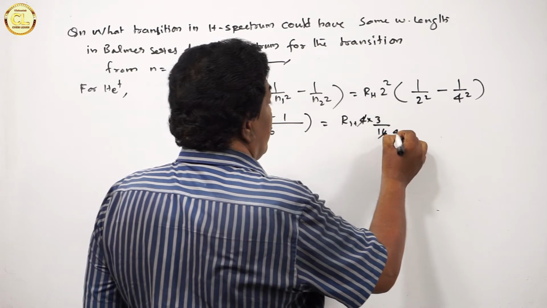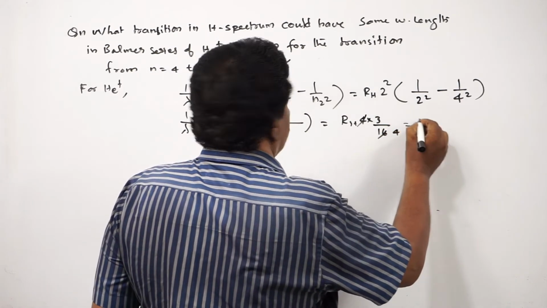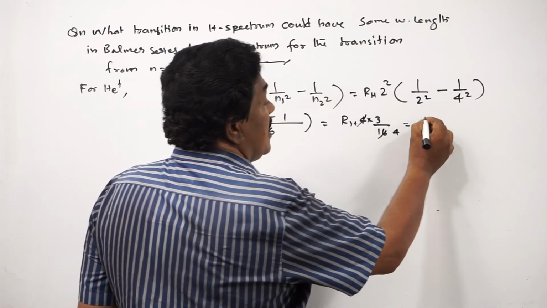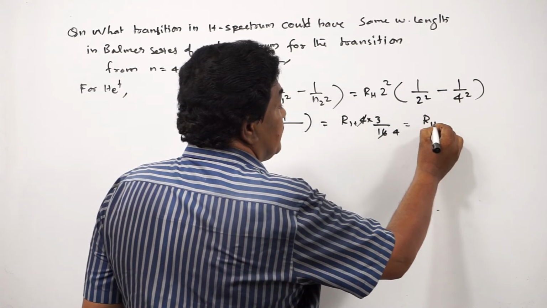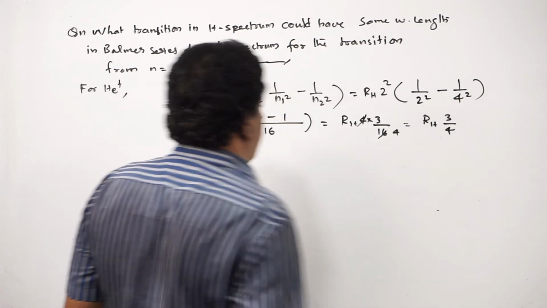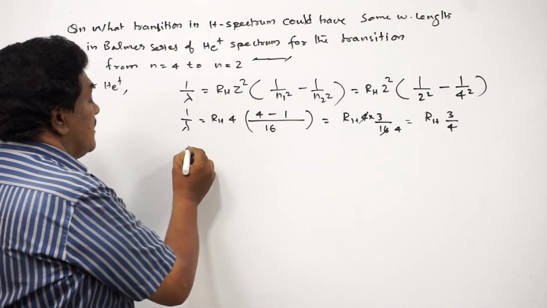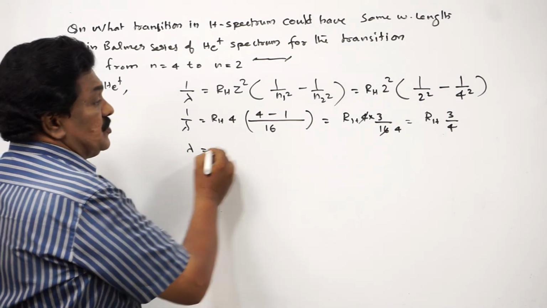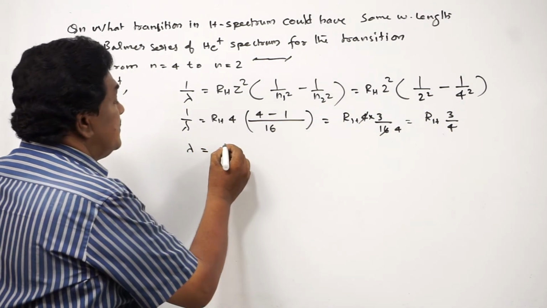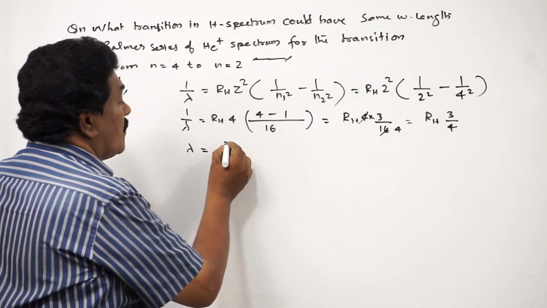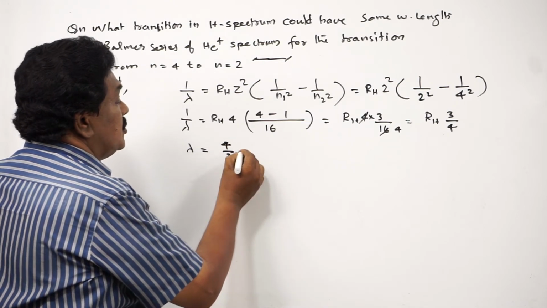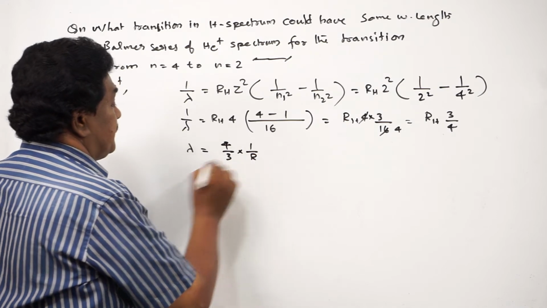See, we get 4 here. Therefore, 1 by lambda is equal to R_H into 3 by 4. Taking reciprocal, lambda is equal to 4 by 3 into 1 by R_H.